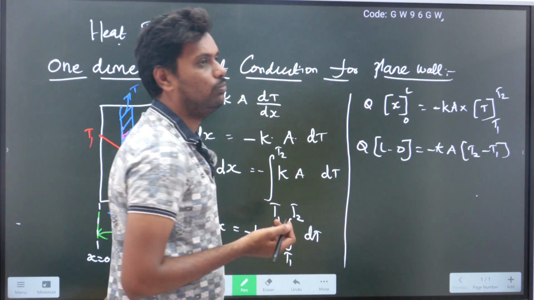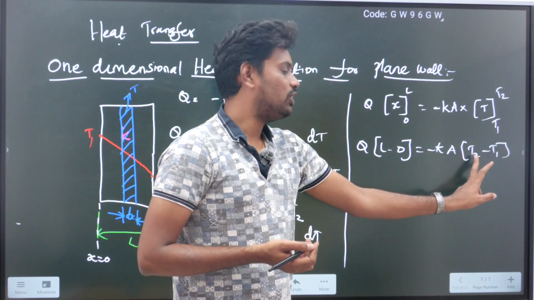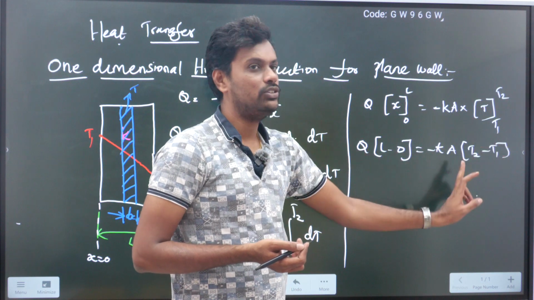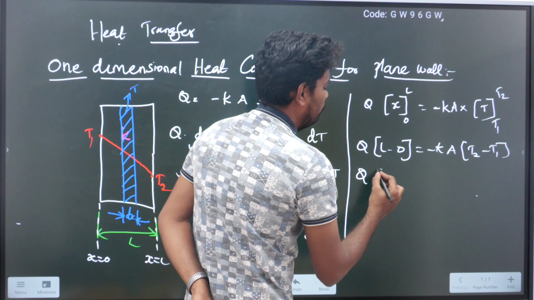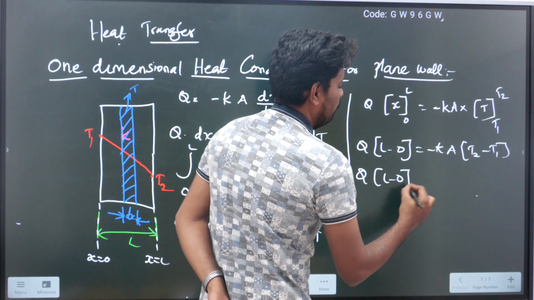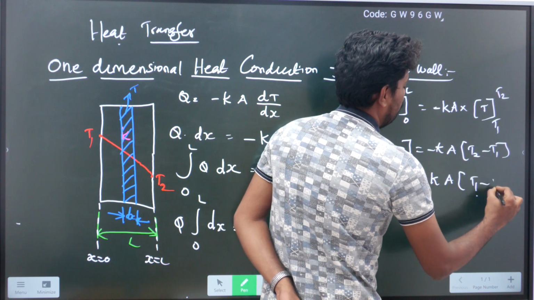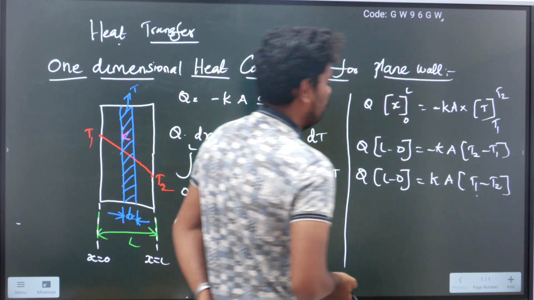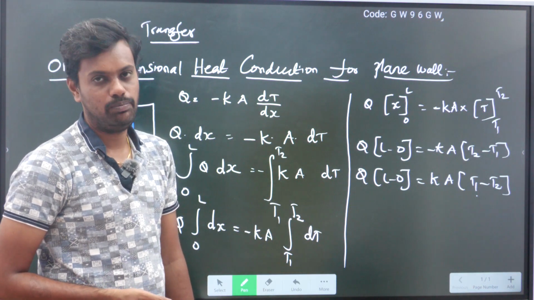Suppose if I want to remove this negative sign here, I will replace this. Instead of t2 minus t1, if I write t1 minus t2, then this will become positive. So q into L minus 0 is equal to k a into t1 minus t2. I want only the q, so that is the heat conduction equation for plane wall.